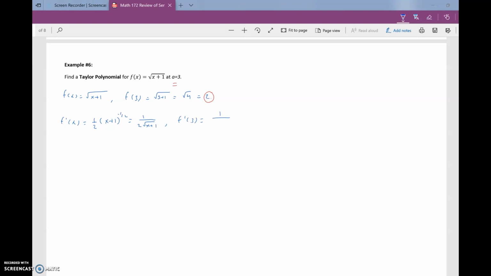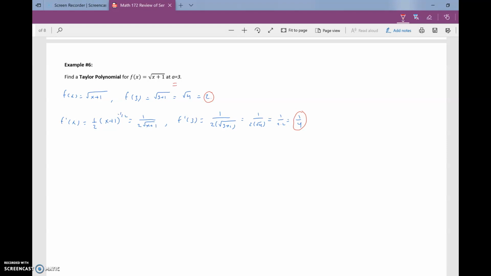So this is 1/2 times the square root of 3 plus 1, or 1/2 times square root of 4. So we're getting that this is 1/2 times 2. I'm getting 1/4 for the actual evaluation of the first derivative.